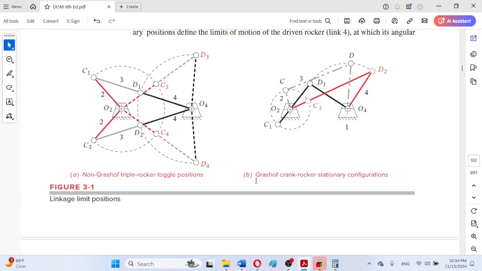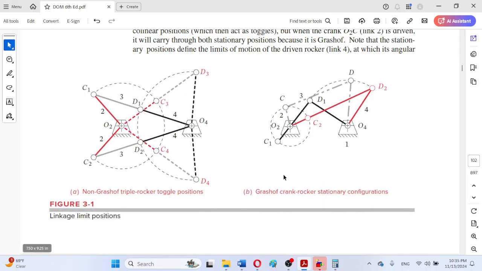Here this is figure 3-1b. As we can observe, this crank grounded revolute is not on the line connecting the extremities. D1 and D2 are the extremities of this rocker link.